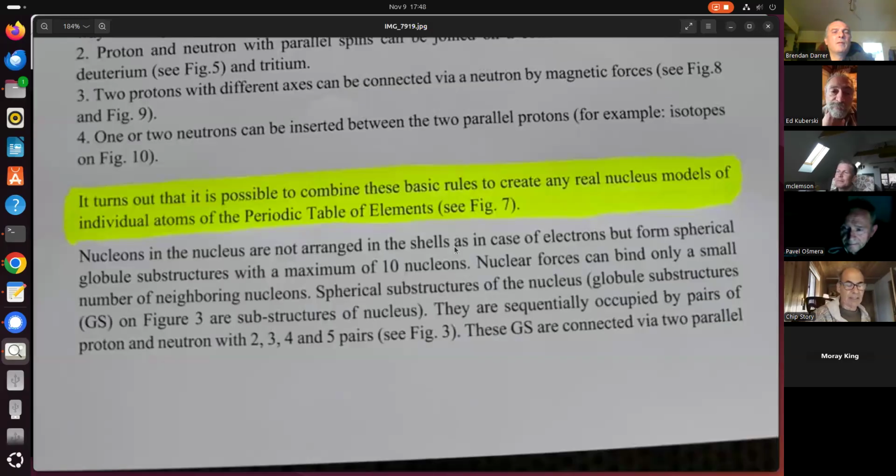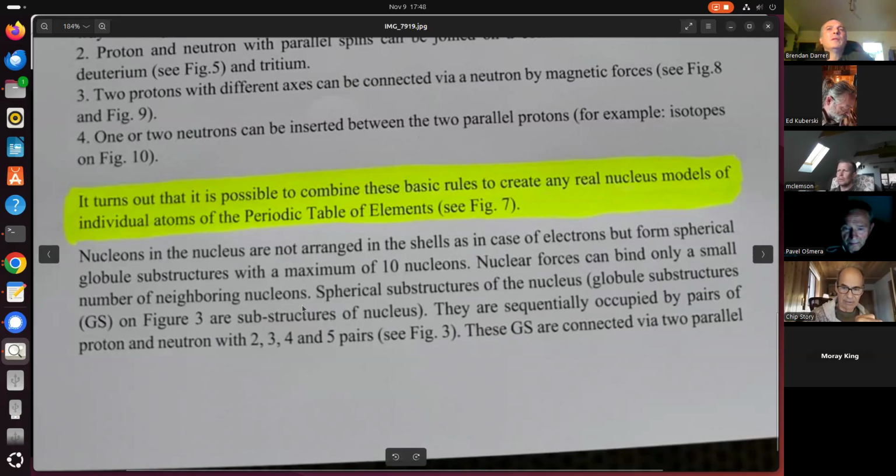All right. Nucleons in the nucleus are not arranged in shells as in the case of electrons, but form spherical globular substructures with a maximum of 10 nucleons. Nuclear forces combine only a small number of neighboring nucleons. Spherical substructures of the nucleus, globular substructures, call them GS, are sequentially occupied by pairs of protons and neutrons with 2, 3, 4, and 5 pairs.